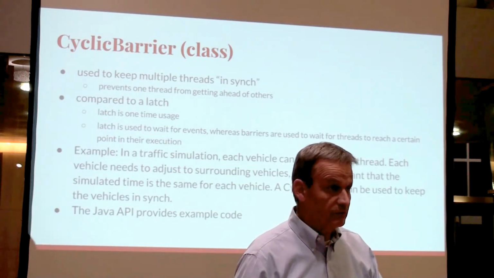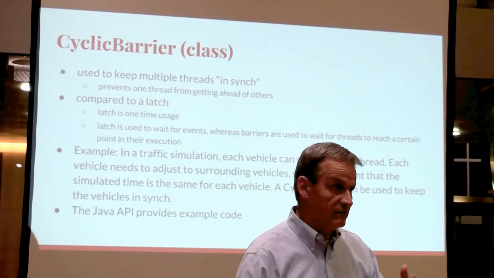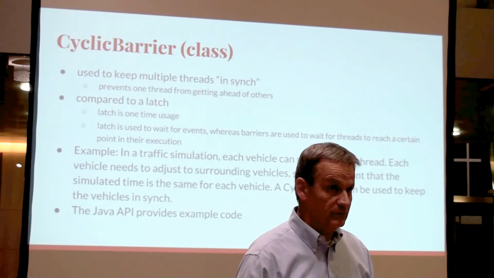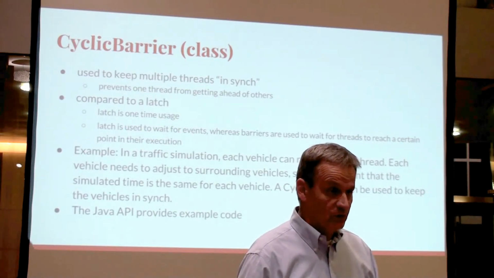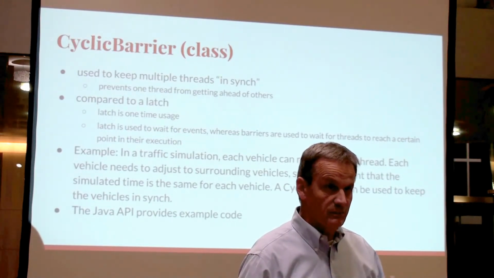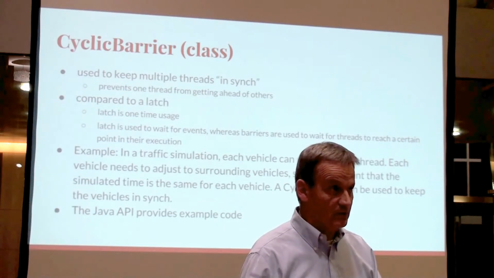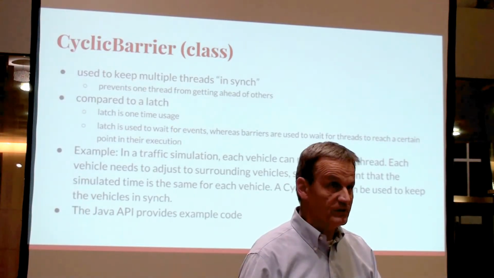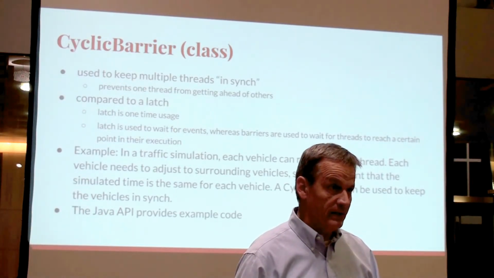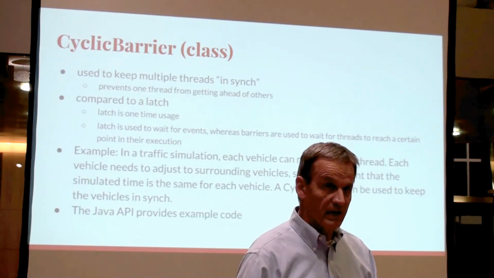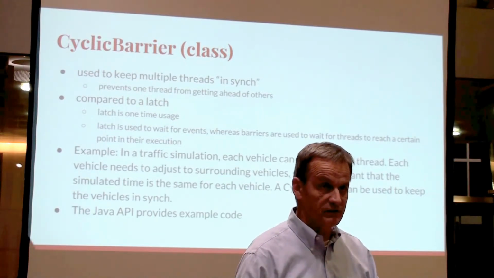An example here: you're running a traffic simulation, and every vehicle runs in its own thread. You want to make sure that simulated time for all the vehicles is the same at the same time. You can't have one having simulated 10 minutes and the other one simulated 5 minutes, because the way that the vehicles should behave is dependent on the vehicles in the traffic.